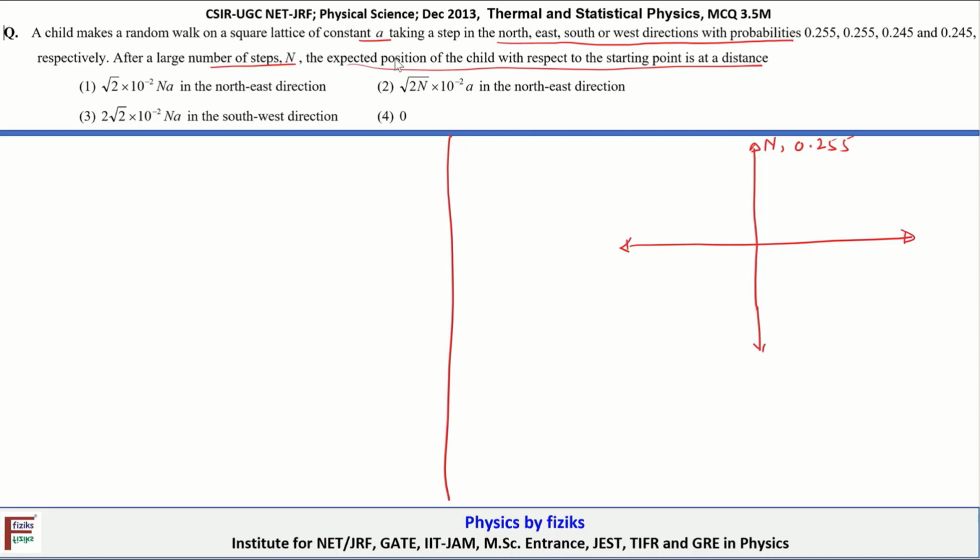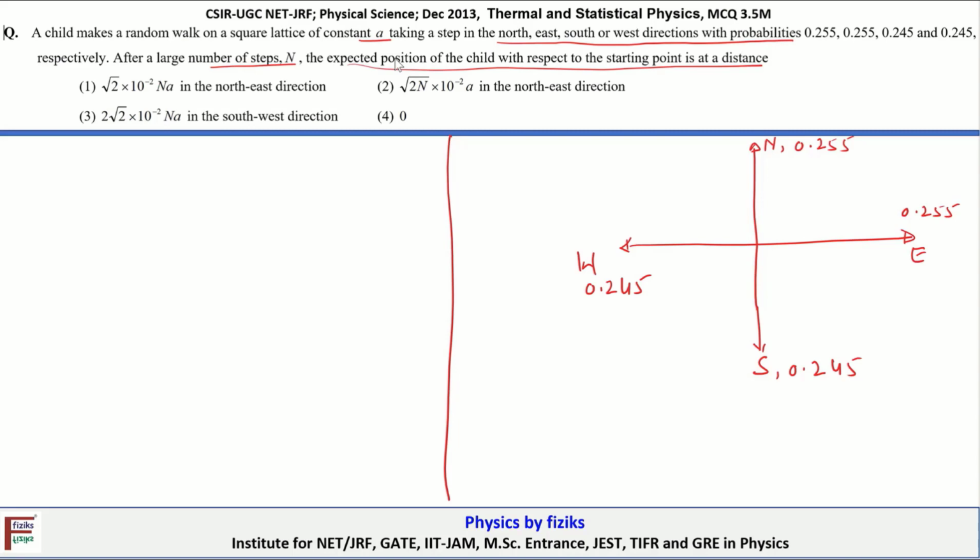Similarly, the probability along the east direction is also 0.255, along the south direction the probability is 0.245, and along the west direction the probability is also 0.245. So we have to find the correct option: if the child is making n steps, in which direction is he moving basically.